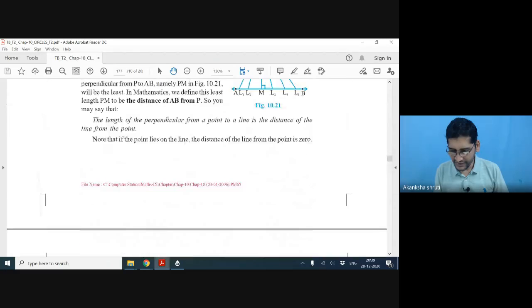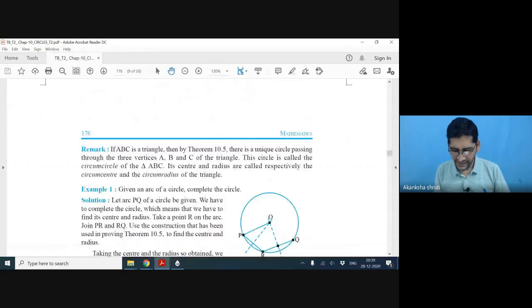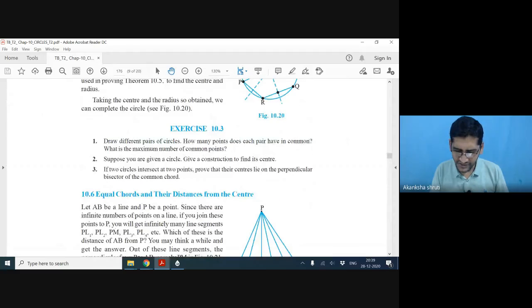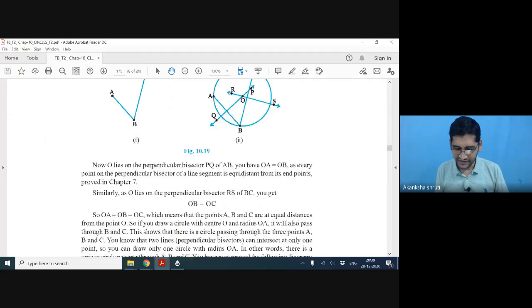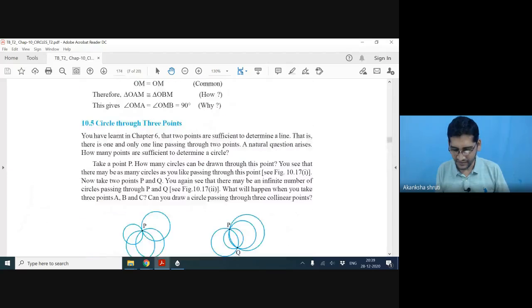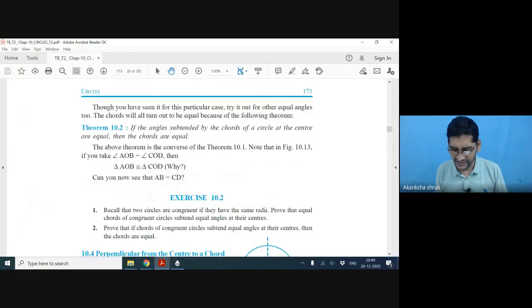So these questions are very easy. See here only 3 questions. Draw different parts of the circle. How many points does the pair have in common? That is the maximum number, 2 or 3, that you have to tell. This we have already done in our last lecture. See here also 2 questions only. These are the questions.